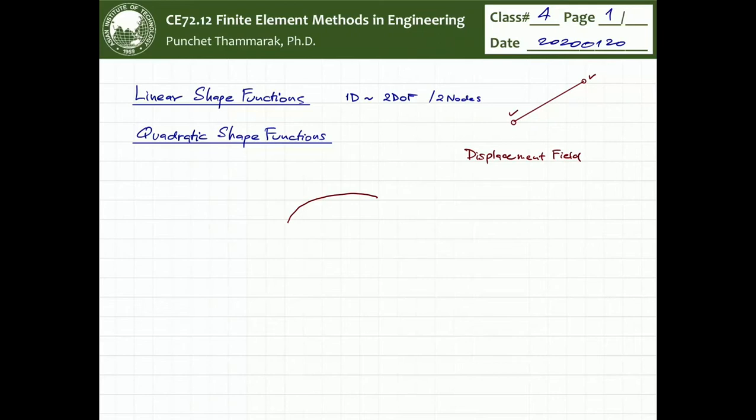So what's wrong? We can use polynomials. The thing is, what polynomials? The simplest to use is the quadratic. Why not cubic, quadratic, and higher order?